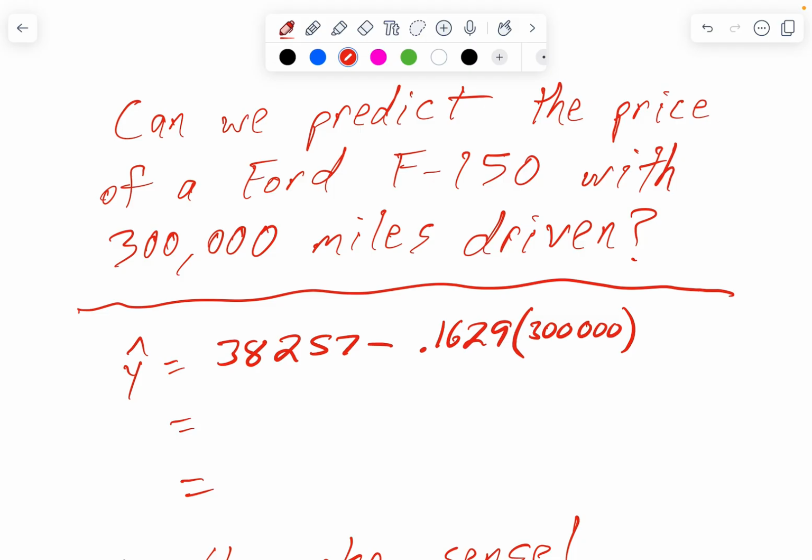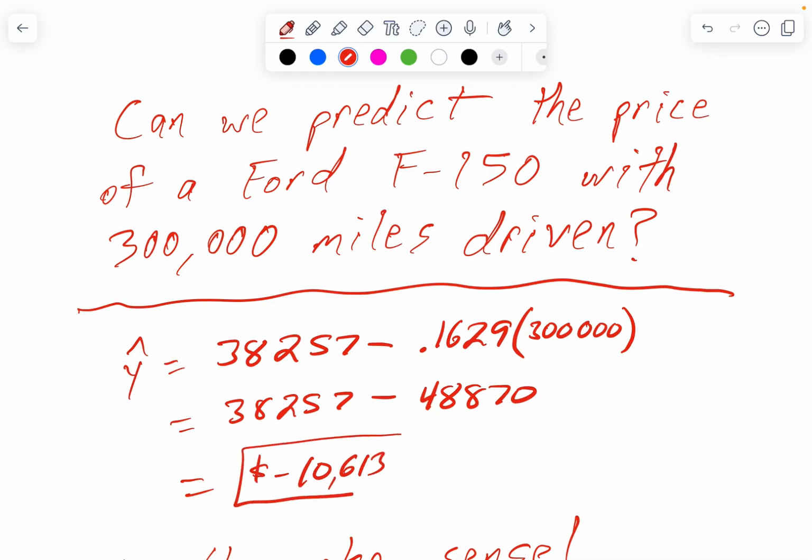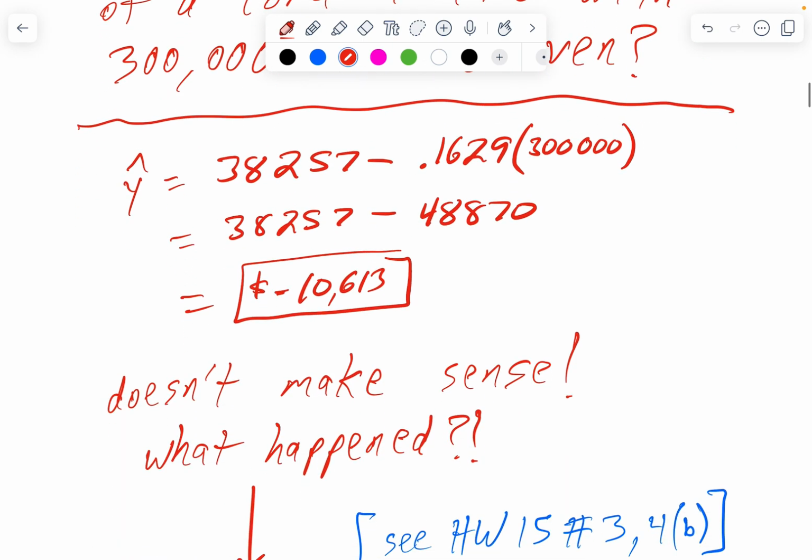So plug in 300,000 for x. 0.1629 times 300,000 is 48,870. Subtract those, and you get a negative answer of negative $10,613.